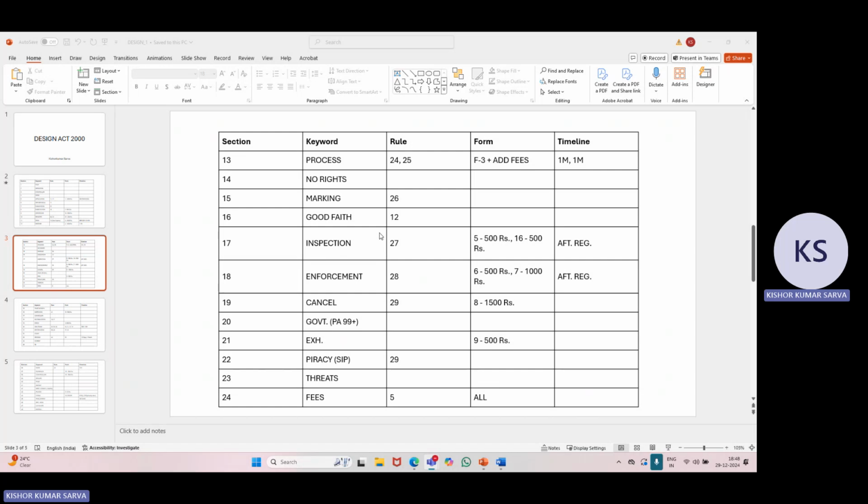Now, if we look at section 16, it is talking about good faith. What is good faith? Let's say you have a design and you have shared it with a friend or someone, and that person has taken that design and published it in a documented way, either as an article or a publication.